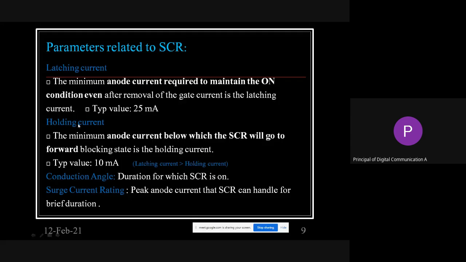So this is the holding current, the minimum current. And for SCR, its typical value is 10 milliampere. Then the next one is the conduction angle.